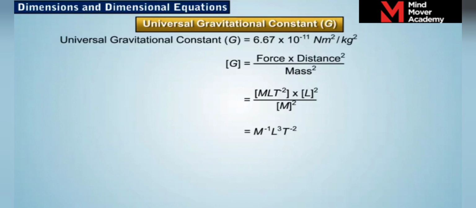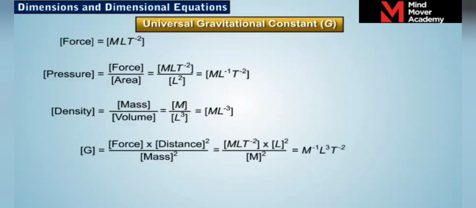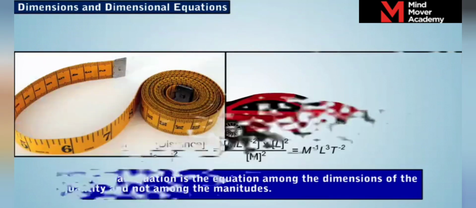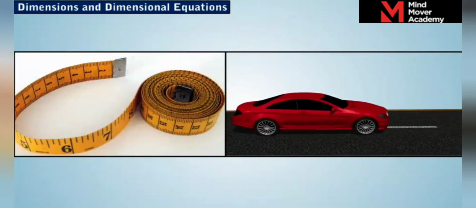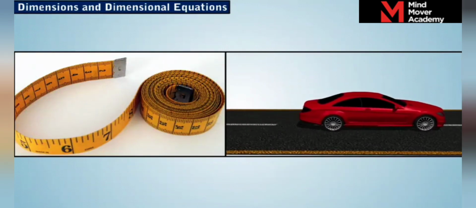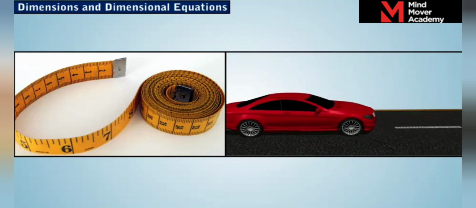So far we have discussed physical quantities which are expressed as the product of base or other derived quantities. We also learned that the dimensional equation is the equation among the dimensions of the quantity and not among the magnitudes. But we may encounter situations where we need to add or subtract different terms involving base quantities.